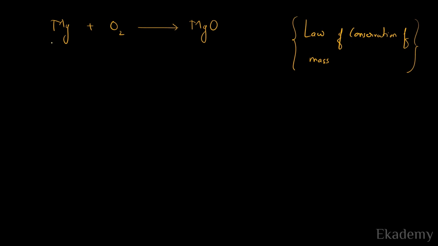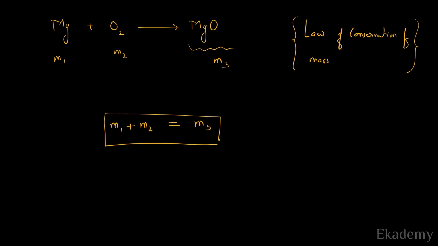That means total mass before reaction and total mass after reaction must remain the same, right? Let us say the mass of magnesium is m1, the mass of oxygen is m2, and the mass of MgO in this reaction is m3, then as per the law of conservation of mass, the sum of these two masses must be equal to the mass of product.